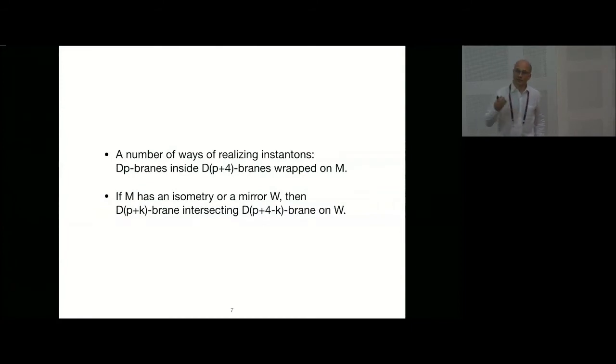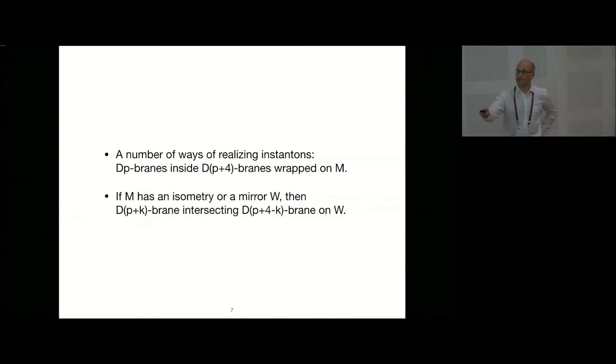So let's play this game. We'll realize instantons as D branes of relative codimension 4. So you can take a Dp brane inside of a D(p+4) brane, and that will be our model for instantons, and you can wrap it on the manifold you're interested in.